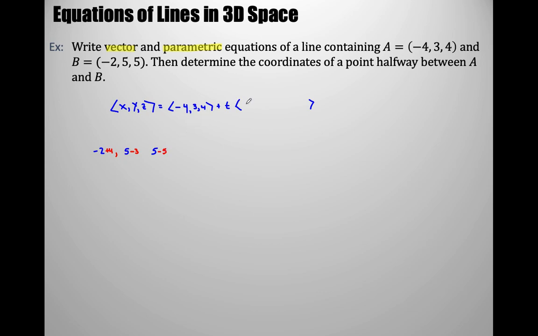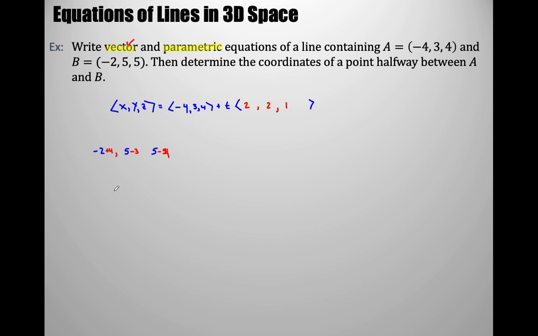So what do I end up getting up here? 2, 2, and 1. Oh, I wrote 5 there, but I meant 4, didn't I? Okay. Done. That's the vector equation.